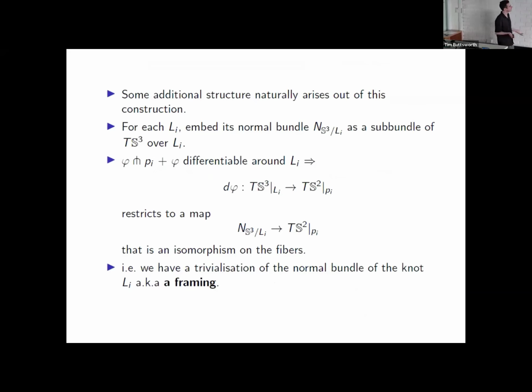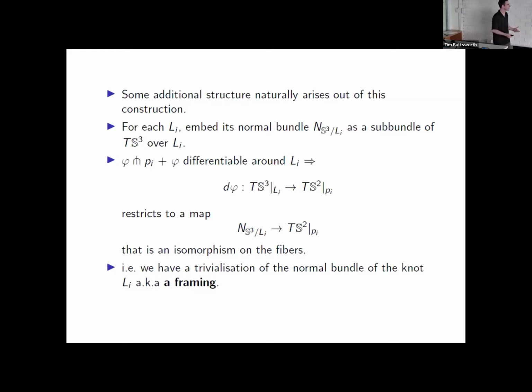And we can assume that phi is differentiable, at least in a neighborhood of my component. So then this means that the differential of phi restricts to a map from the tangent bundle of my link component to the tangent space on S2, the associated S2, in such a way that it's an isomorphism on the fibers. Right? I mean, this thing is just R2, right?